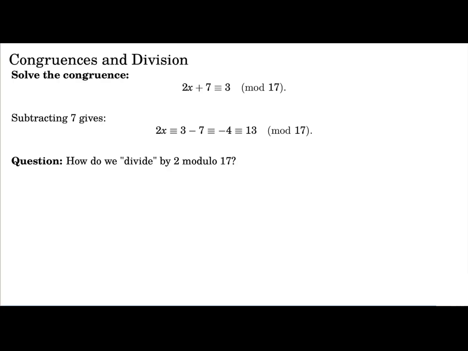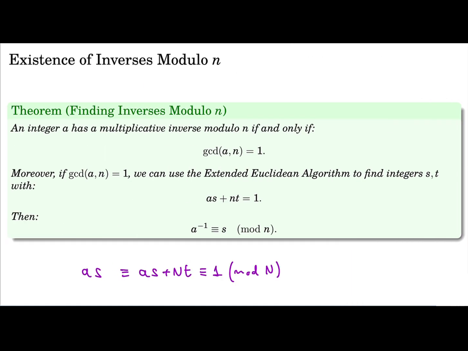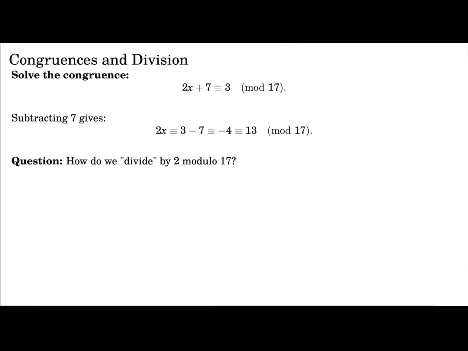So what we want to do is apply this to find the GCD of 2 and 17. And so how does this work? You take the largest number, 17, and you divide it by the smaller one.